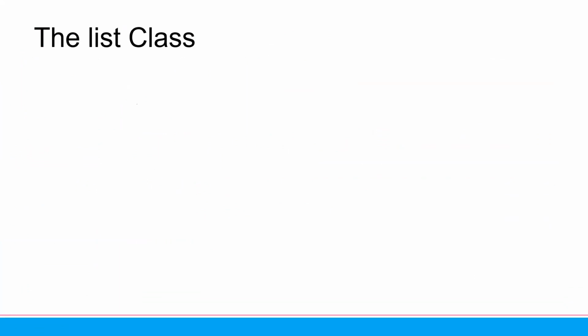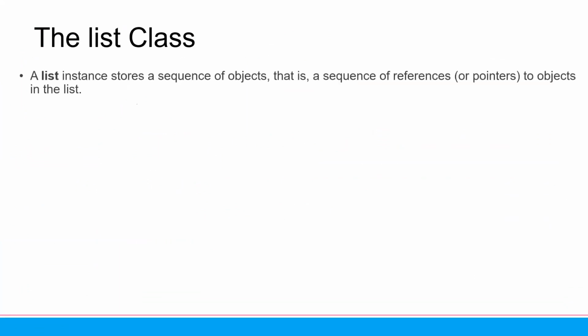List. List is used to store a sequence of objects. That is a sequence of references or pointers to objects in the list.